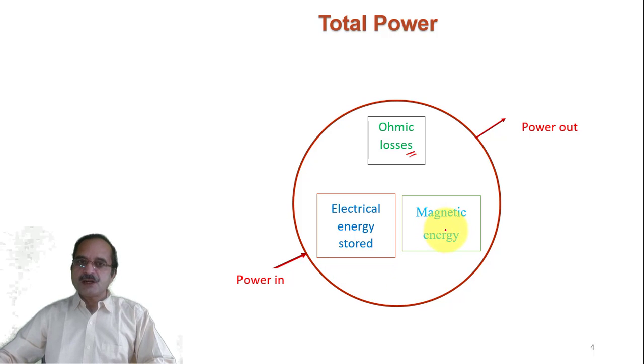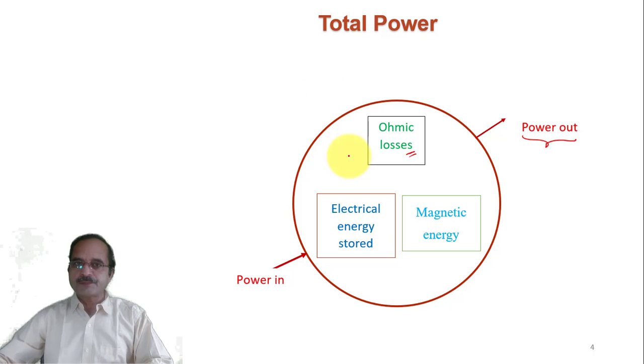Some of the energy will be stored as magnetic energy, that means energy stored in the magnetic fields, and the remaining energy will flow out of this volume, so that is power out. So this is the power flow if we consider some particular volume.